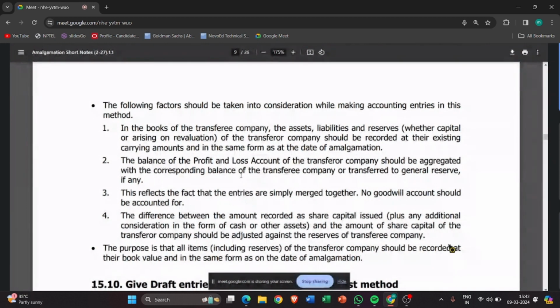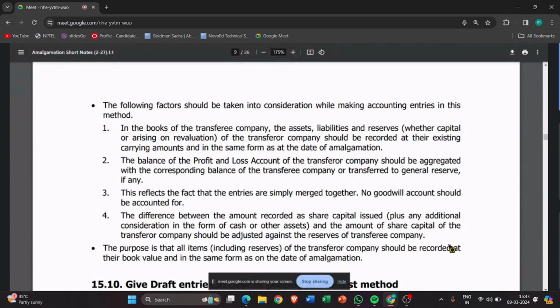That is, the balance of profit and loss account of transferor company should be aggregated with the corresponding balance of transferee company, or it should be transferred to general reserve. So if there are any accumulated surplus, if there is any P&L balance given to you, you will add both of them together, or you can also add it to the general reserve of the new company.